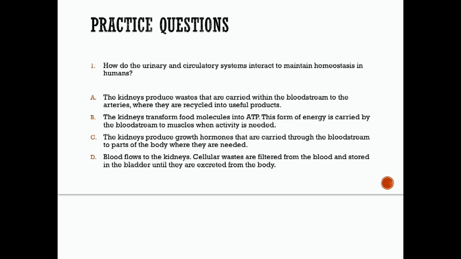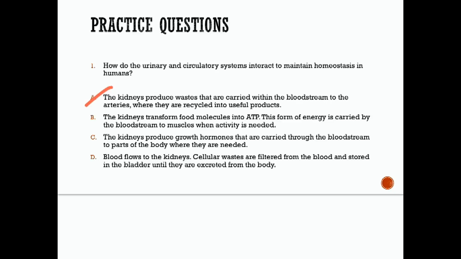A is saying the kidneys produce wastes that are carried within the bloodstream to the arteries where they are recycled into useful products. Okay, it's got kidneys in there, it's got arteries in there, it's got like the right parts, but the kidneys more like filter the blood. They don't produce waste. So I don't really like A.